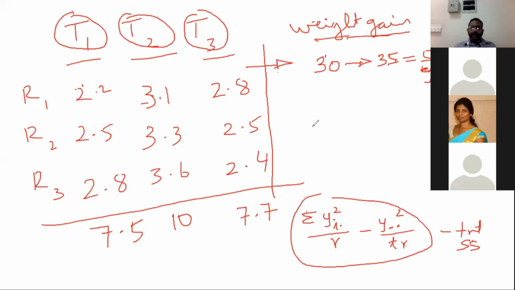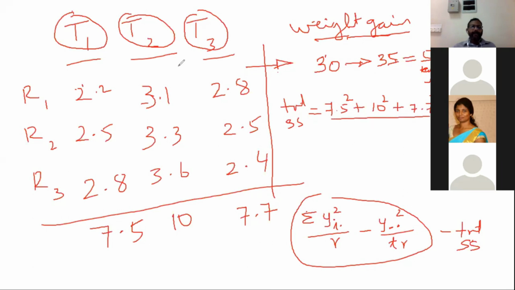So what are the treatment sums of square now? Treatment sums of square is equal to 7.5 square plus 10 square plus 7.7 square, whole thing divided by, what is r here?